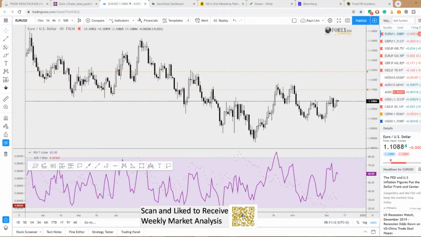Today on EUR/USD on the daily chart, overall is a bearish movement. The market had a double top, followed by a double bottom and a retest. Over here there's a break and close above the high, but the overall trend is still bearish.